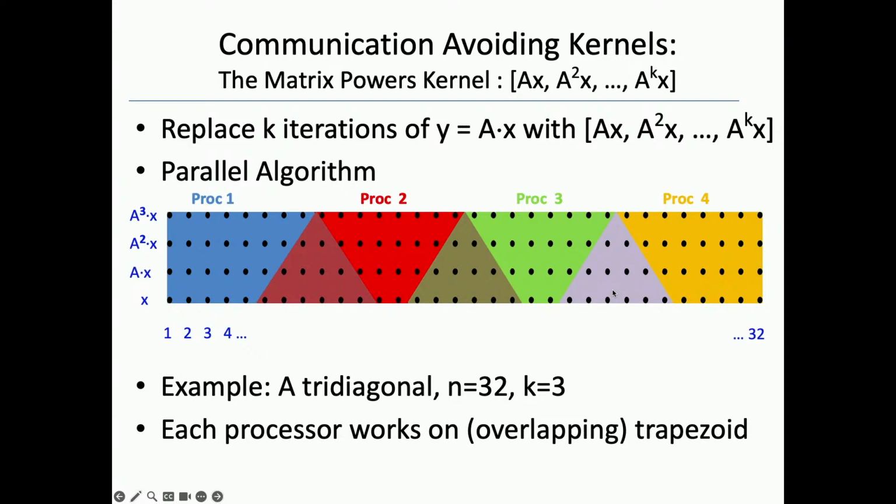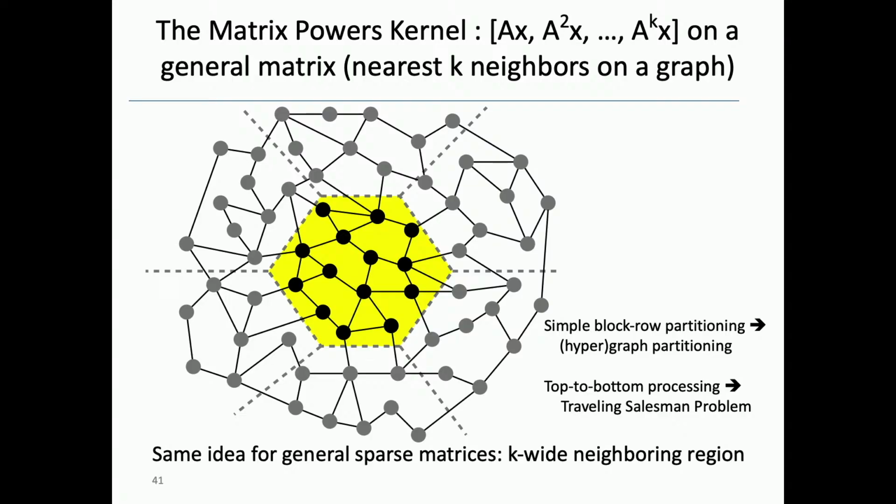So how does this work for a general sparse matrix? So let me draw a general sparse matrix. Each vertex is a row or a column, and this is a symmetric matrix, and each edge is a non-zero. And somehow I've partitioned it into these blocks with these dotted lines.